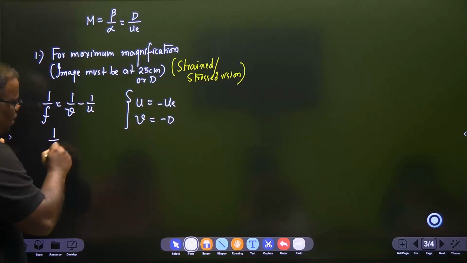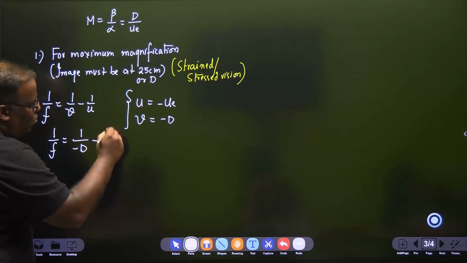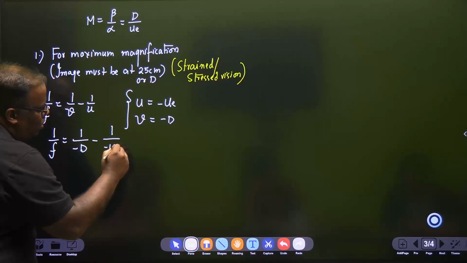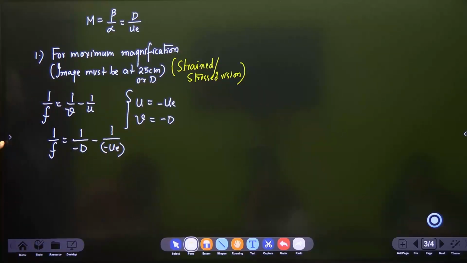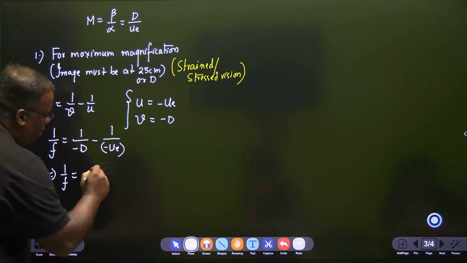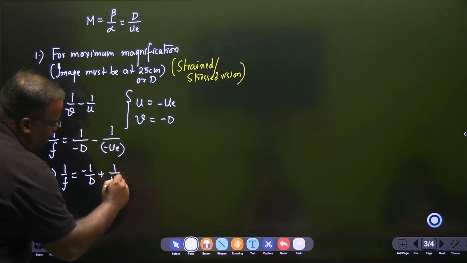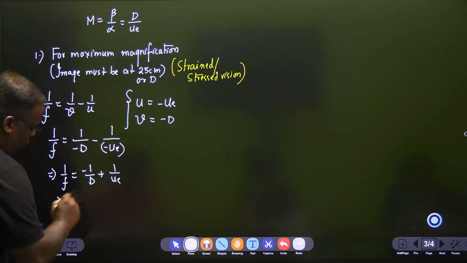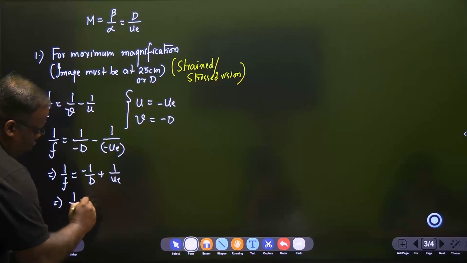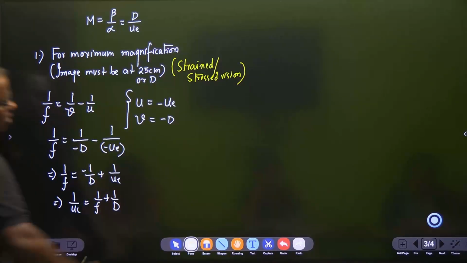So 1 upon F equals 1 upon negative D minus 1 upon negative UE. Clear? Which means 1 upon F equals negative 1 upon D plus 1 upon UE. Clear? Or from here I can say 1 upon UE is equal to 1 upon F plus 1 upon D.